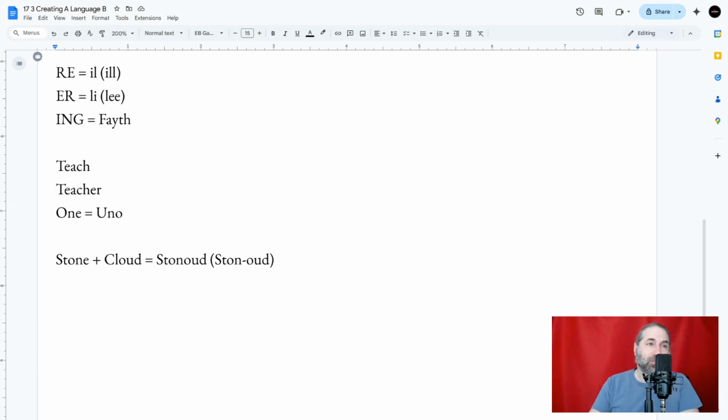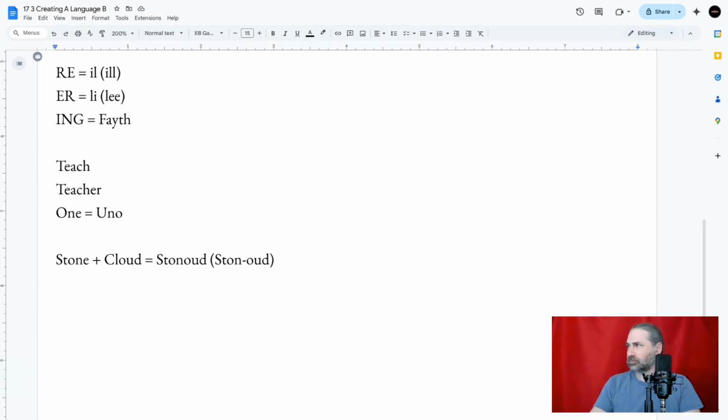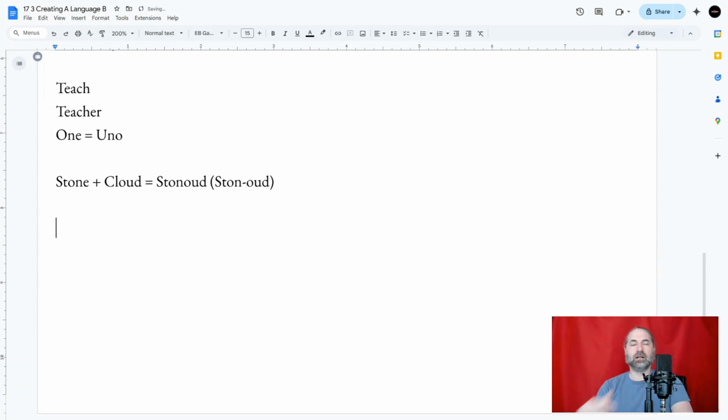And of course, one of the big things to remember is language is a borrowed function, right? For example, deja vu is a borrowed word. Piano is a borrowed word.